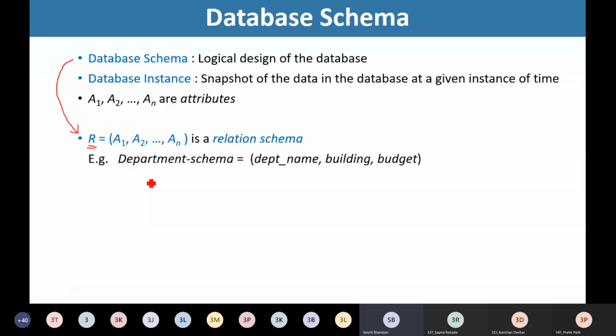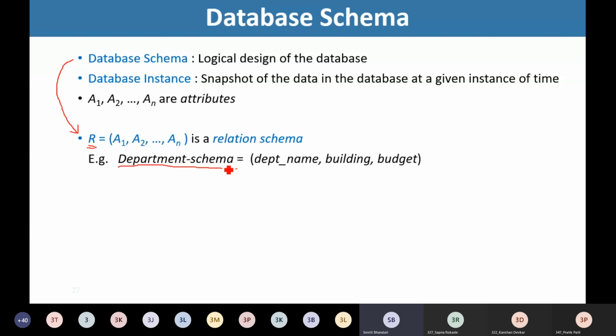For example, in our university database schema, we have lots of relations. One of the relation schemas in the university database is the department schema. I am describing the department schema as a list of attributes.